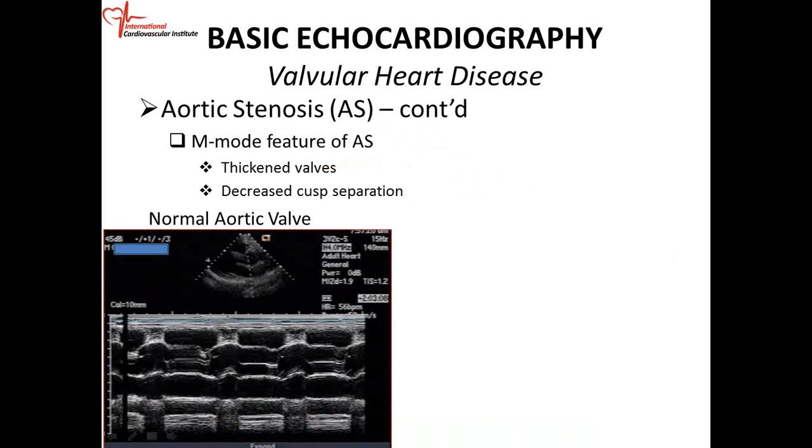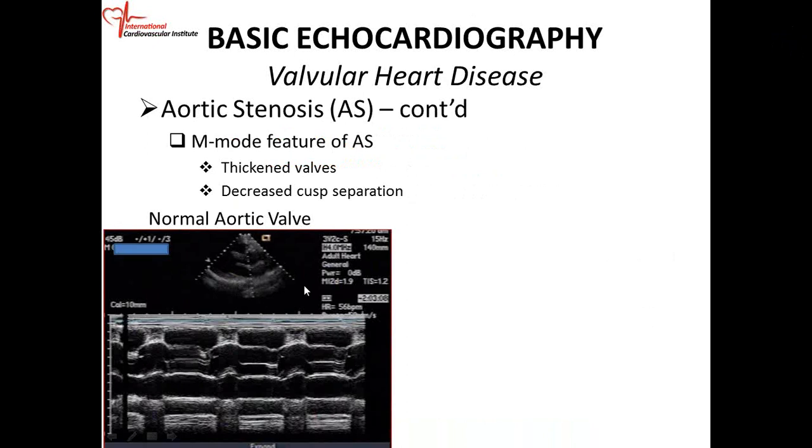So when you look at your M mode, on top you have your two-dimensional echo, and your cursor crosses right here. The structures that the cursor crosses: the chest wall, the RV wall, RV cavity, the aortic valve, the left atrium, and the left atrial wall.